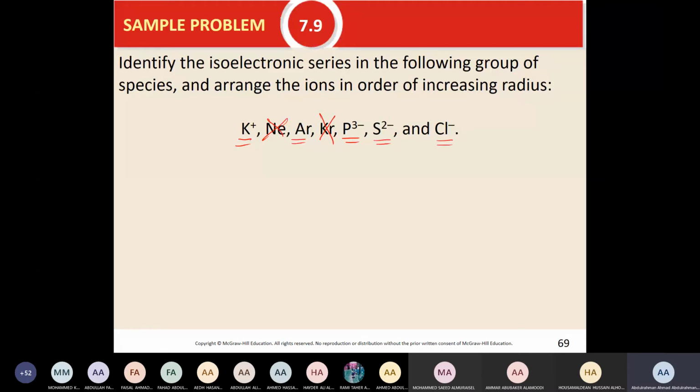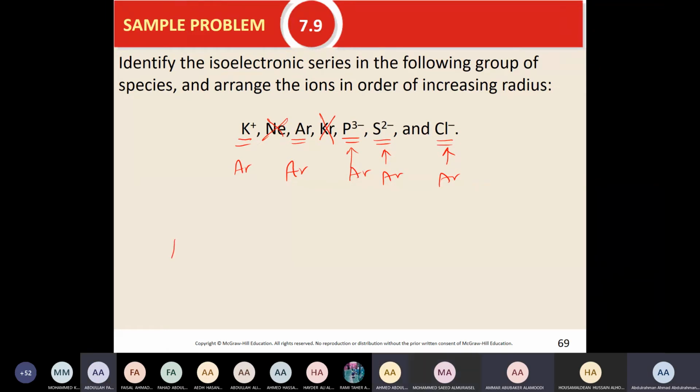Look at your periodic table and tell me what's the structure. Of course, argon is argon. What's the structure of K plus? Argon. What's the structure of P3 minus? Argon. How about S2 minus? Argon. And Cl minus? Argon. Of these, which one is the biggest in size?